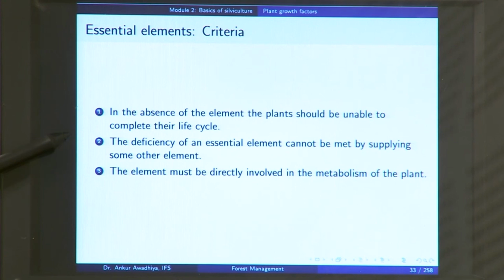The deficiency of an essential element cannot be met by supplying some other element. So, you cannot replace an essential element with any other element, it has to be given to the plants, and the element must directly be involved in the metabolism of the plant. So, these are the three criteria to define an essential element.